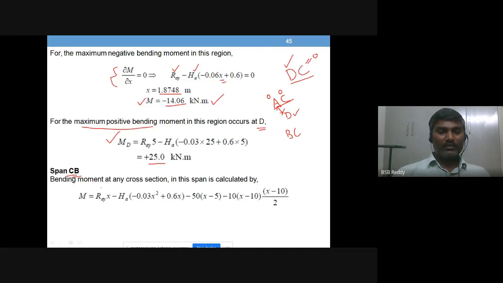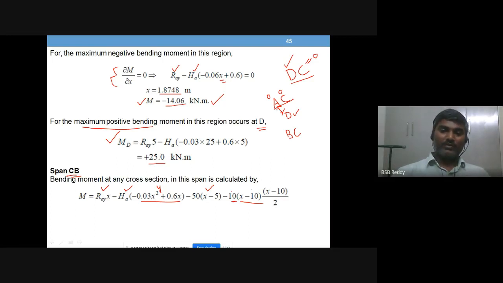So it is written as RAY into X, HA into Y, this is Y, and 50 into the distance X minus 5, then the load into the span, which I just wrote there, X minus 10, and the distance is half of that, X minus 10 by 2.